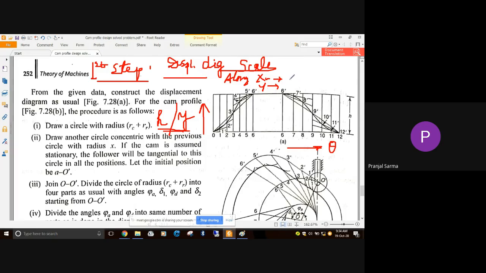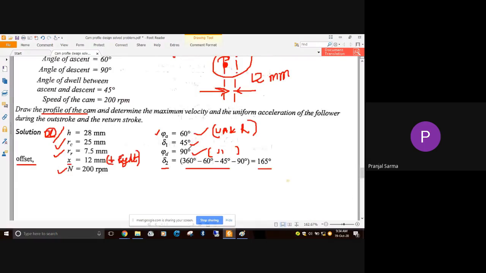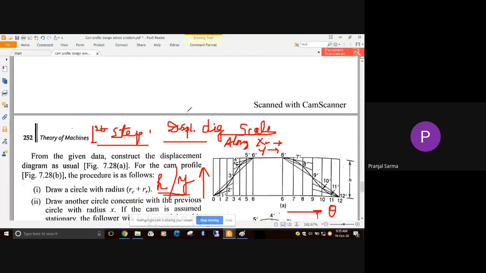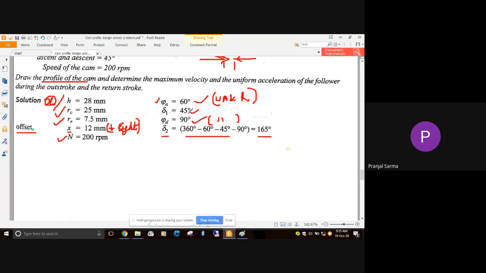Along the x-axis you look at the values given: 60 degree, 90 degree, 45 degree, after that 165 degree. You just have to consider a suitable scale, maybe 20 degree equal to 1 centimeter. In that way you can very easily work out how much 60 degree, 90 degree will be.